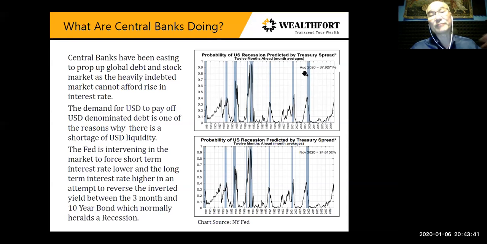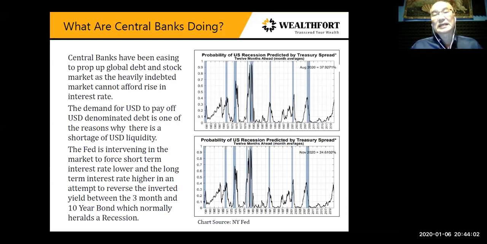So this is a 12-month running prediction of recession. In November 2019, they predicted the next 12 months having a recession, and it dropped to 24.61%. Why? Because the Fed is manipulating the market.